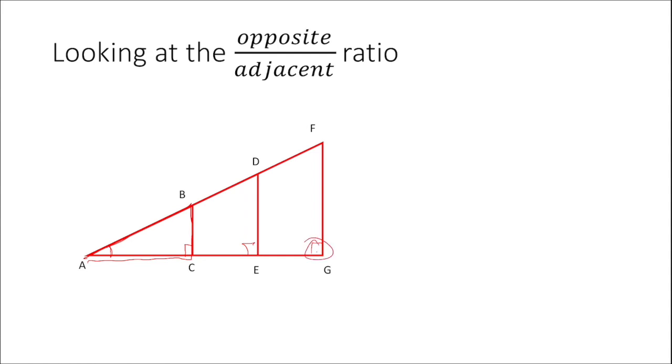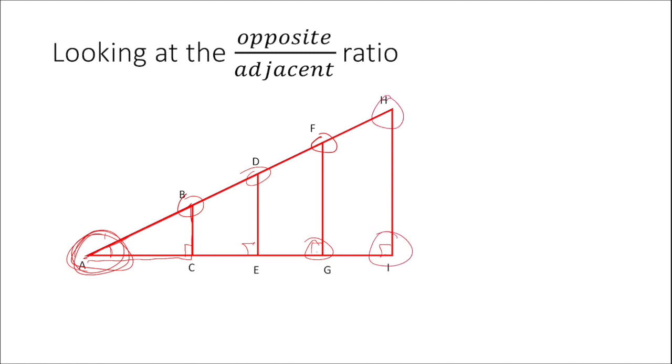There's a 90-degree angle here. They all share the same angle, which means this is the same angle for all of them. Once again, that's a 90-degree angle, and that is a shared angle, which means 180 minus 90 minus whatever this is going to be the same for this, this, this, and this. That's why we say they're all the same.